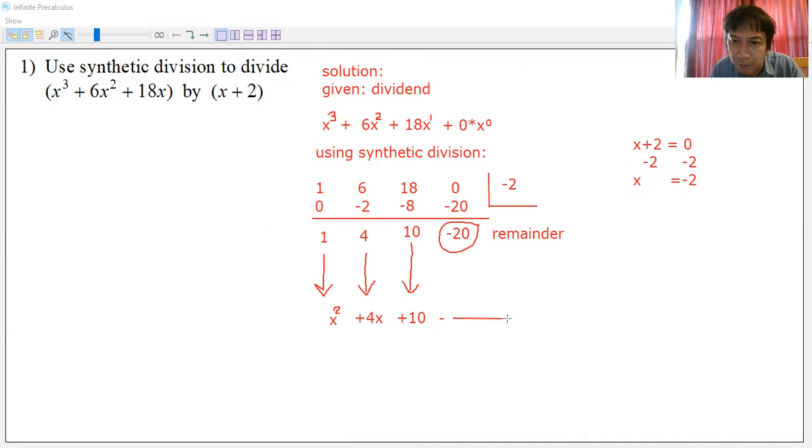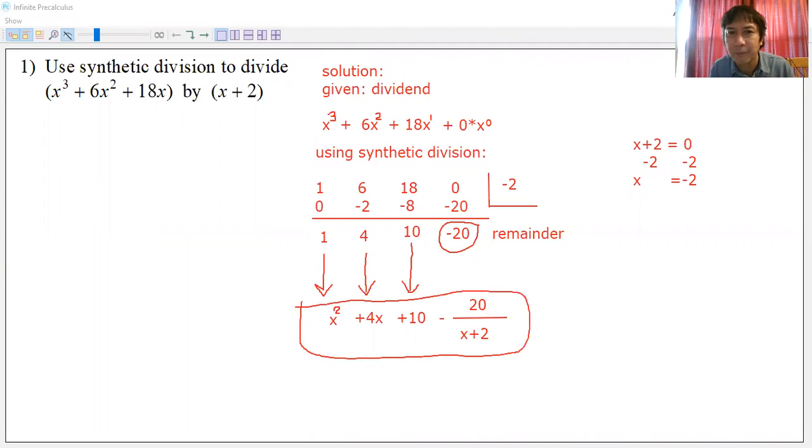If it's not a zero remainder, then it will have to be written this way, with the 20 on top, and the divisor x plus 2 at the denominator, like this. So this gives us the quotient.